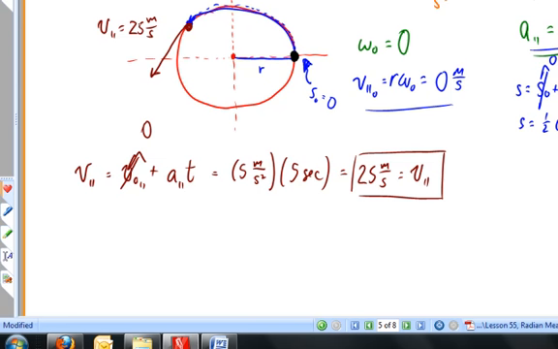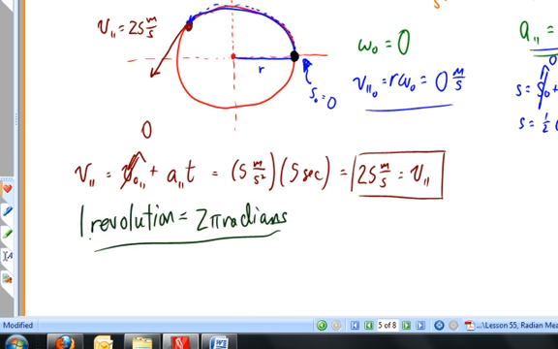Now, what about the number of revolutions that are made in 5 seconds? To figure this out, I need to relate the fact that revolutions and angle are related to each other because there's 1 revolution in 2 pi radians. So if I could figure out the angular distance that the object travels in 5 seconds, then I could convert that into revolutions.